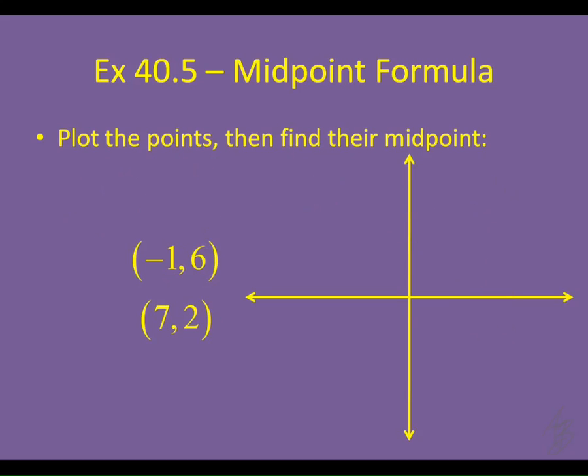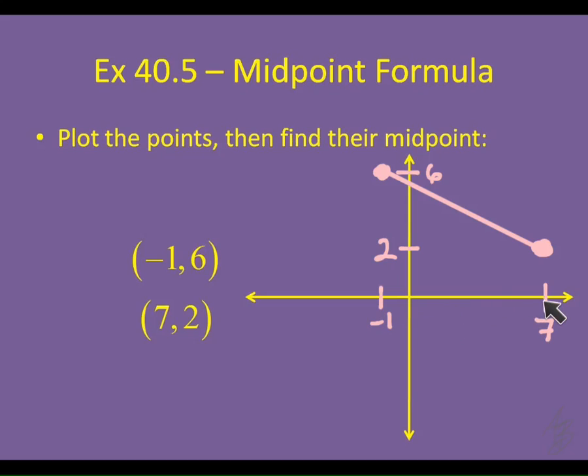So I want you to find the midpoint of these 2 points, -1, 6, and 7, 2. I'll give you a little bit of time on your own to do this. Alright, so I've got the points plotted on here. Like I said, you don't have to add tick marks for each number. One thing I do want to emphasize, though, is try to make it as accurate as you can. It wouldn't make sense for me to put the -1 on the x-axis here and then put the 7 on the x-axis here.